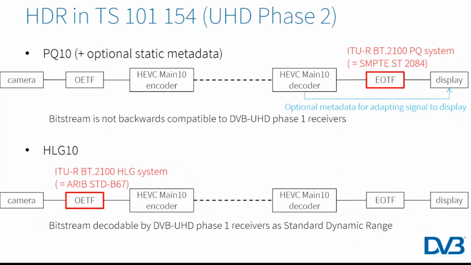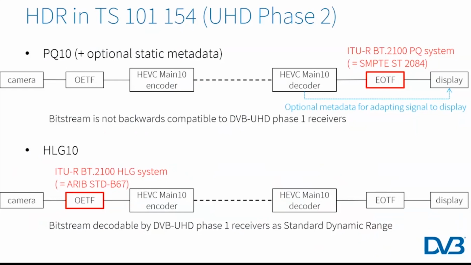The second HDR system we have in UHD Phase 2 is HLG, which standardizes more the transfer function at the production side and which offers some kind of compatibility to standard dynamic range displays. Now, I'm just explaining this to set the context.